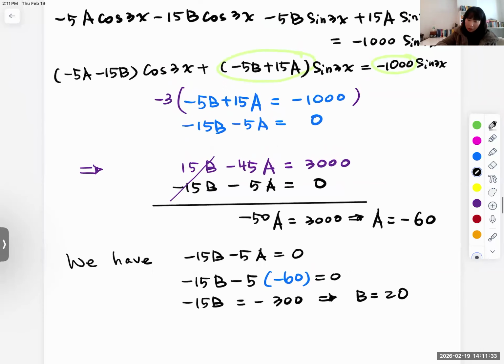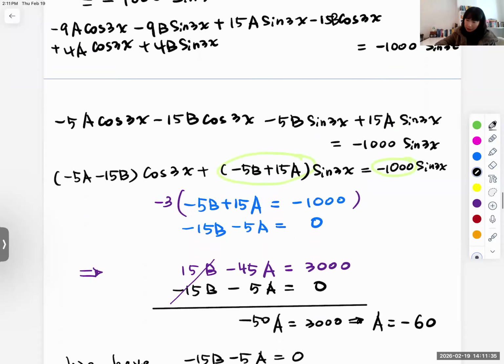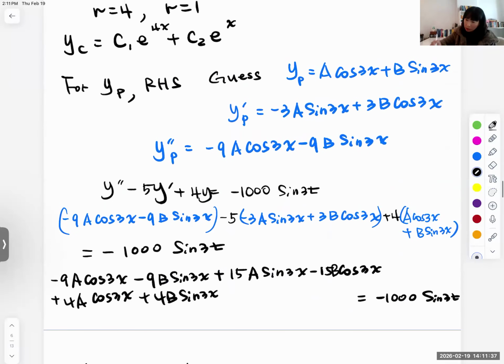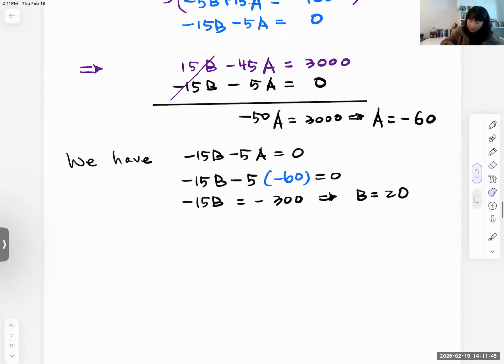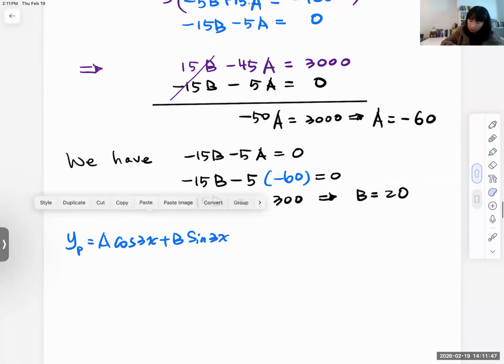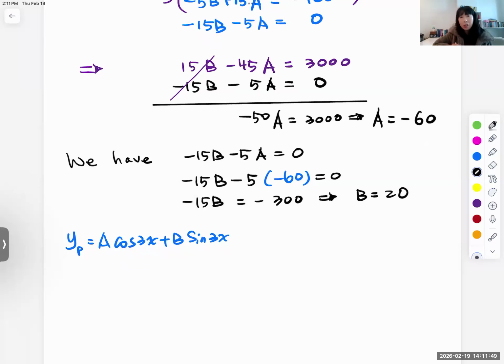Okay, now we have a B, right? So let's arrange. We had the particular solution. The form is A cosine 3x plus B sine 3x. So we will have A equal to negative 60, cosine 3x plus B equal to 20, sine 3x.